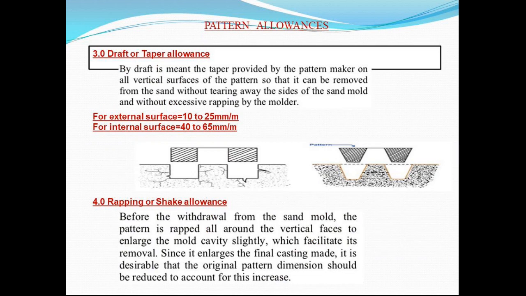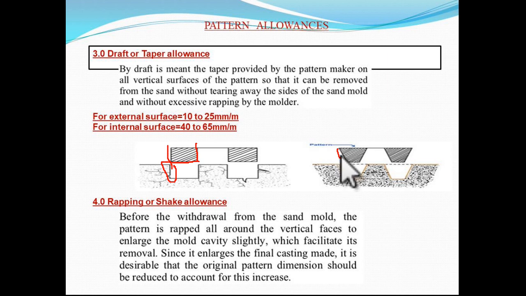The next one is draft or taper allowances. Generally, instead of making a vertical surface in the pattern wall, instead of making a vertical structure, we prefer the taper form.